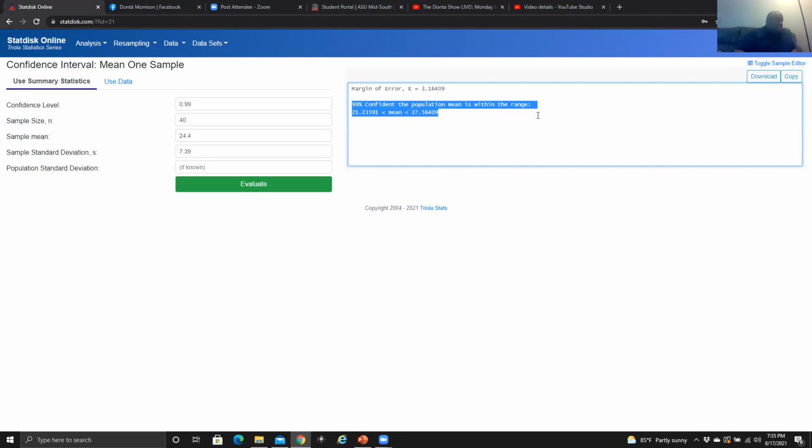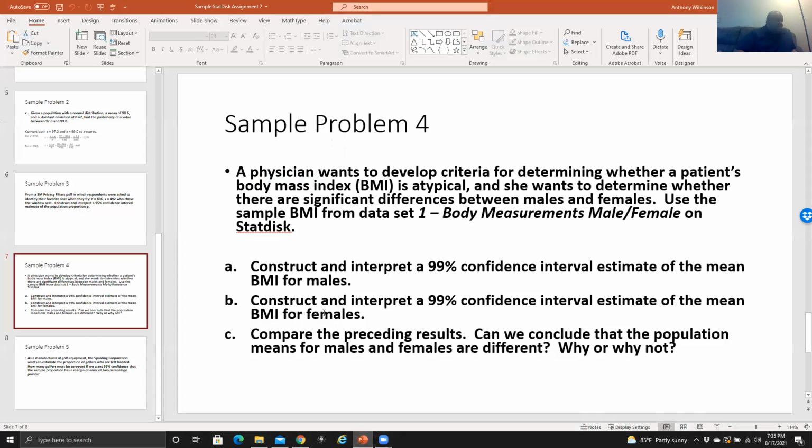Okay, and then for part C in that problem, I'm going to go back to that PowerPoint slide, where you were to compare the preceding results and say whether we can conclude that the population means for males and females are different, and why or why not. They're not different, because in this case there is an overlap between the confidence intervals.